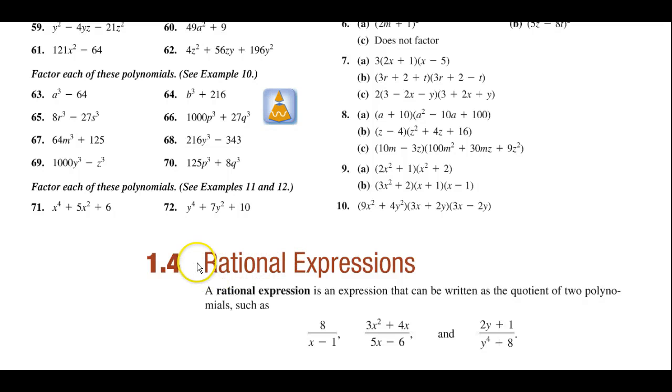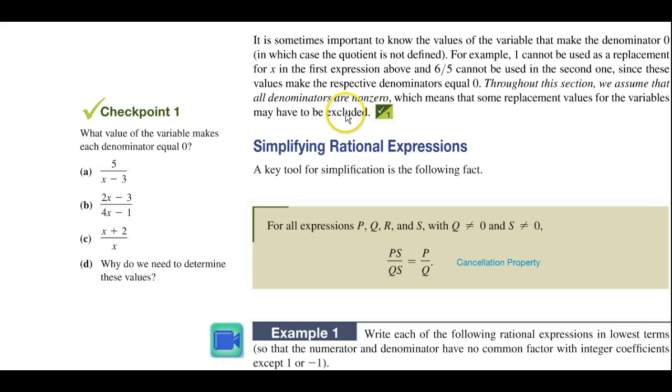In section 4 of chapter 1, we're going to take a look at rational expressions. And often when we think of that, it's actually fractions, but of the more complex form as you see here. One of the qualifiers they're giving us in the early part of the text is that throughout this section, we assume that all denominators are non-zero.